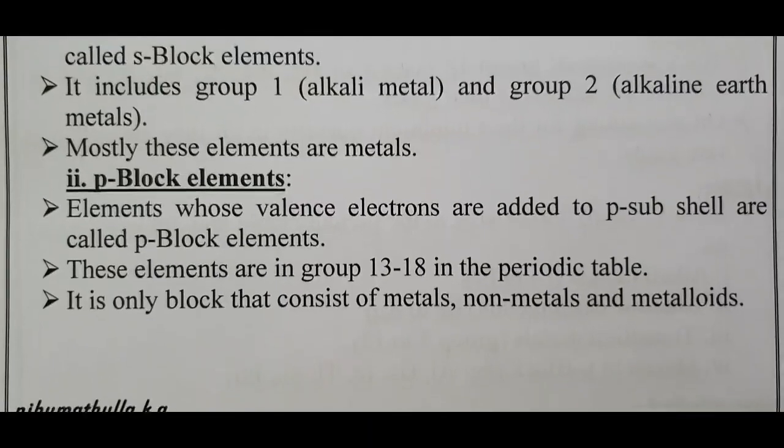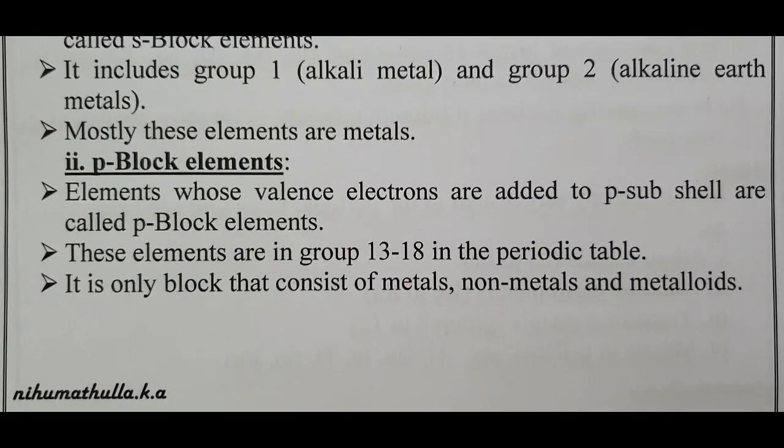Come to the next block element, P block elements. Elements whose valence electrons are added to the P subshell are called P block elements. The last electron is present in the P orbital.